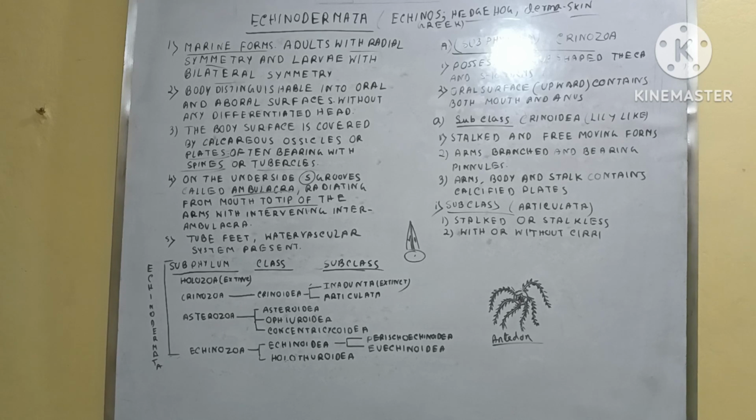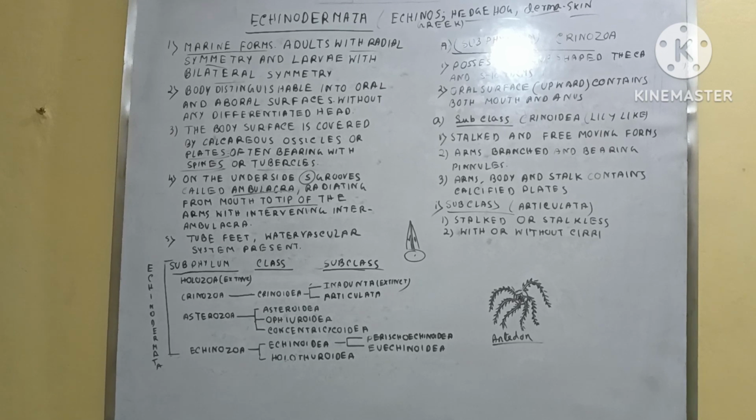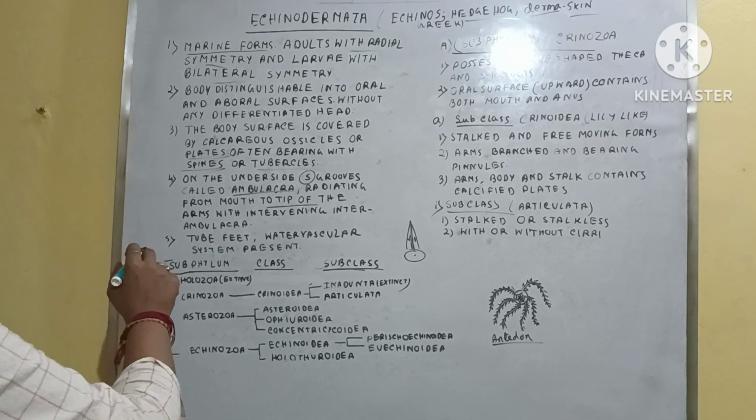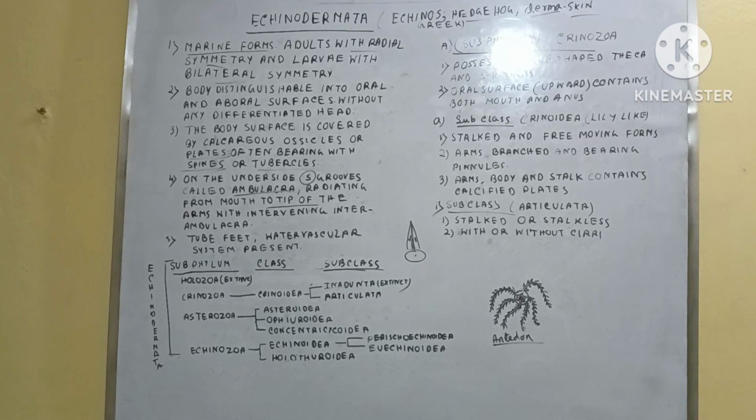Actually, tube feet and water vascular system both are very important. So these grooves are generally called the ambulacral groove. Okay, ambulacral groove. Okay, the fifth one is the tube feet and the water vascular system. So, what is the ambulacral groove?